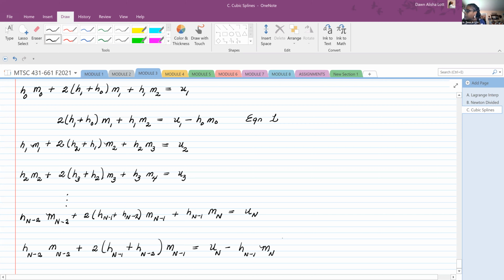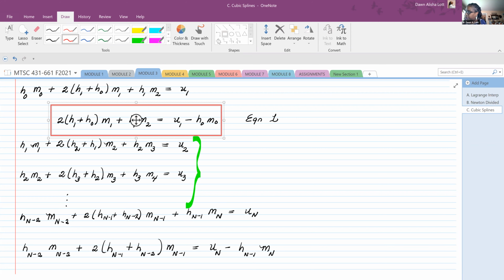Okay, so these are all the intermediate equations. Then our first equation is going to look like this one, and our last equation is going to look like this one.